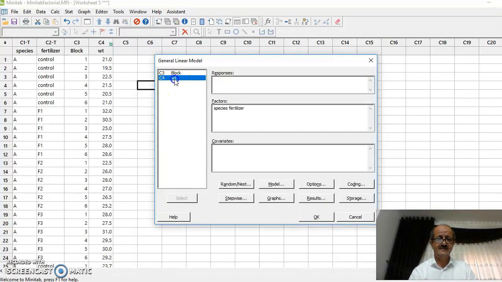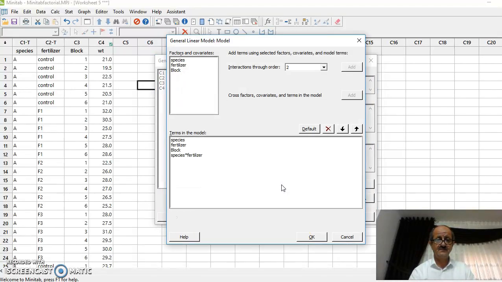Here is the weight, but in the factors we have to enter the block because it will appear in the model. We'll go to the model now. We already have the interaction; these are what will appear in the ANOVA: species, fertilizer, interaction, and the block.